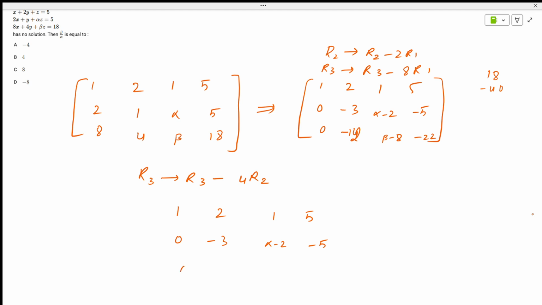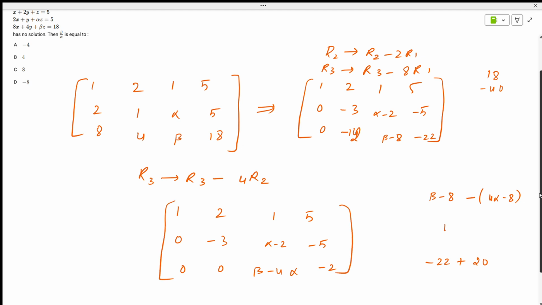So you'll get 0 here, and minus 12 plus 12 becomes 0. Beta minus 8 minus of 4 alpha minus 8 equals beta minus 4 alpha. And this becomes minus 22 plus 20. So minus.